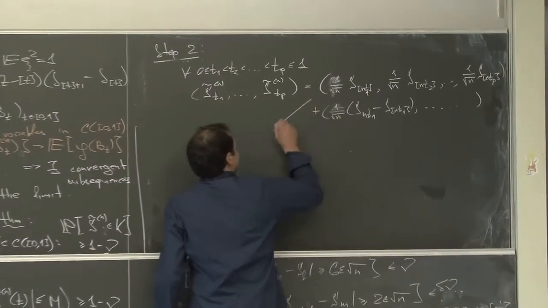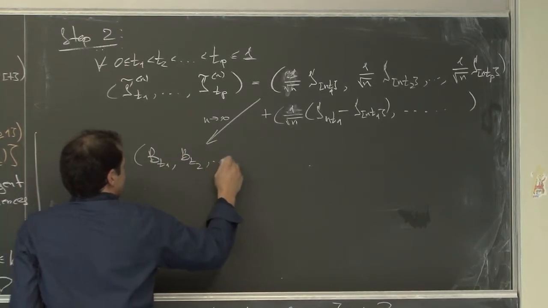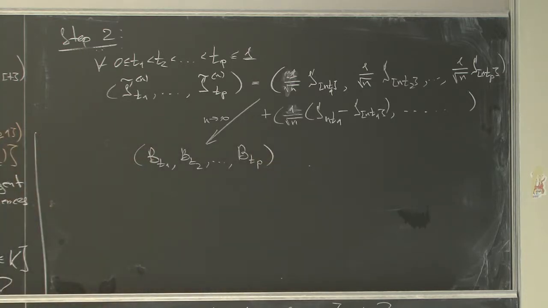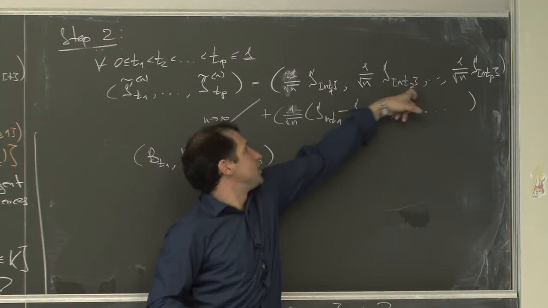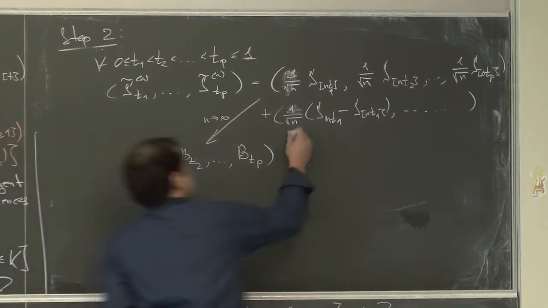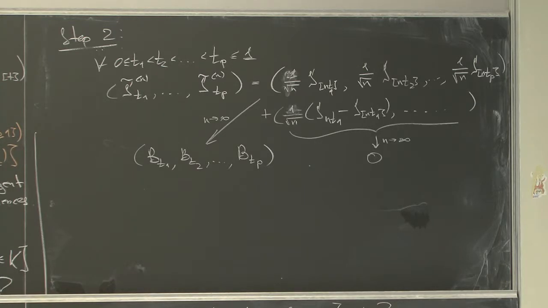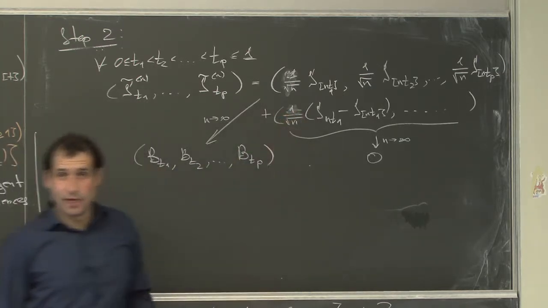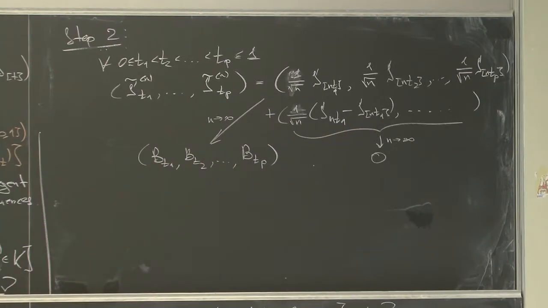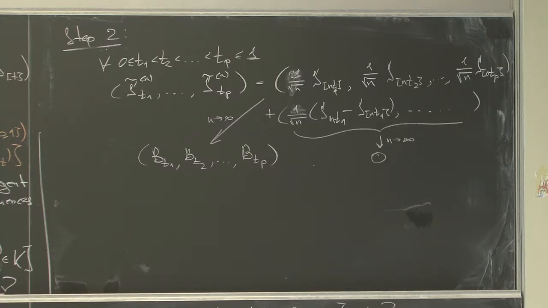So the first converges to B t1, B t2, etc. just by the CLT, because I apply it to the difference S t2 minus S t1, to the increment S t3 minus S t2, etc. Everything is independent. And this converges to 0 by trivial estimates, because the probability that this is big is the probability that a single variable with this index is greater than square root of n. Okay. And we're done.